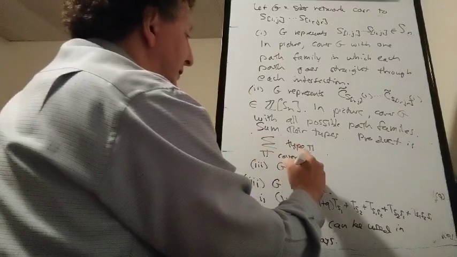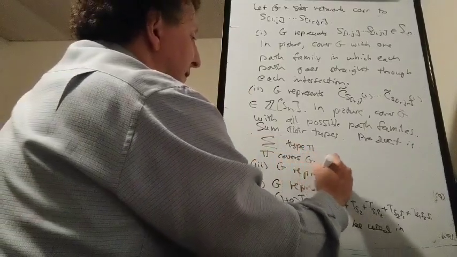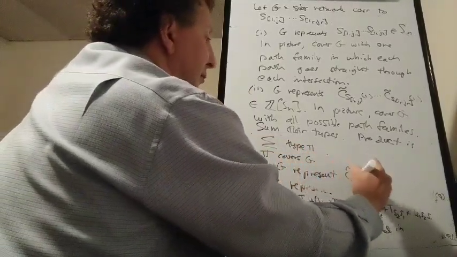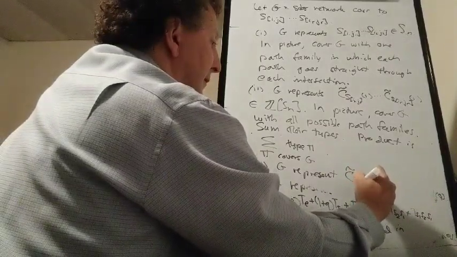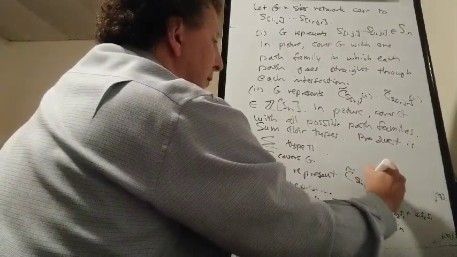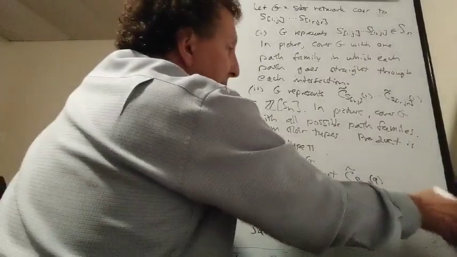In the third sense, G could represent the product of Kazhdan-Lusztig basis elements in the Hecke algebra.